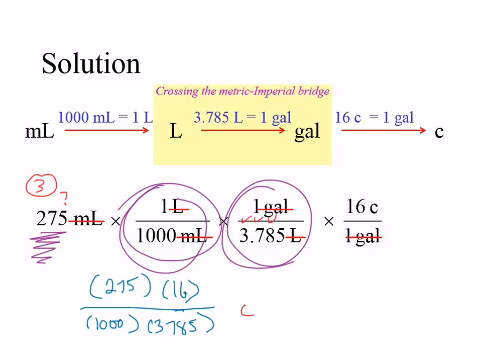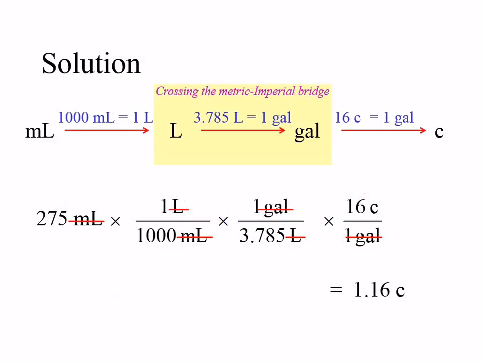So we need to note that there are only 4 significant figures there. Any uncertainty here within cups and gallons? Nope. Very good. So we got 3 or 4, so we need to round according to 3 sig figs. Is this what you got? 1.16 cups. Very good.